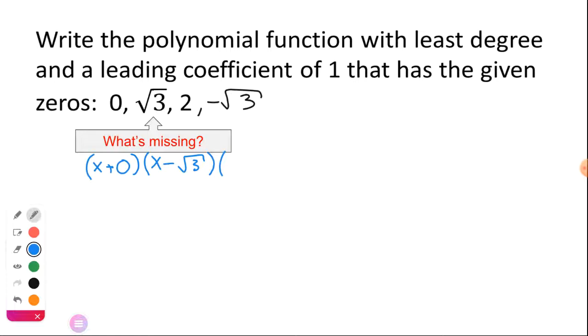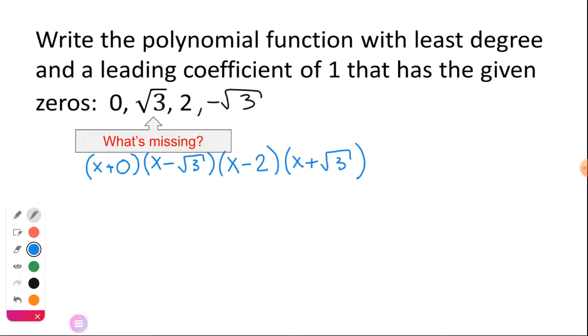The 2, we just did that, that was x minus 2. And then my negative square root of 3 is going to be added to the other side, so we get x plus square root of 3. These would be all the polynomials that are going to give us our final solution.